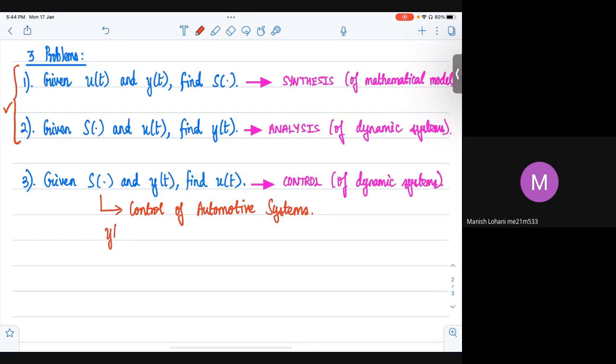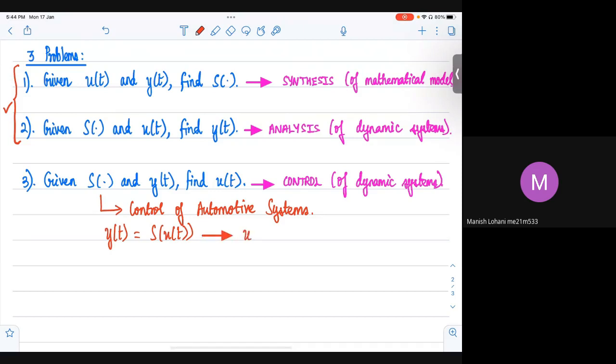And this is a challenging thing to do. Why? Because, philosophically, let's say we have y of t equal to S of u of t. That is our notion of a system, at least the mathematical notion of a system. Now, when I'm talking about control, I need to find u.